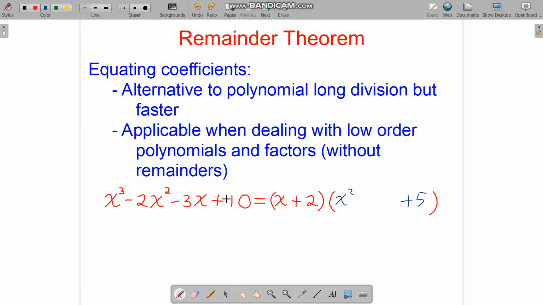So now we don't know this term in the middle, something with x. So for now we can just call it plus kx.